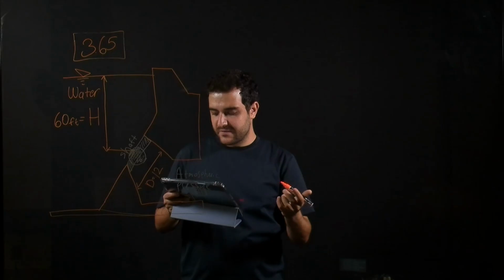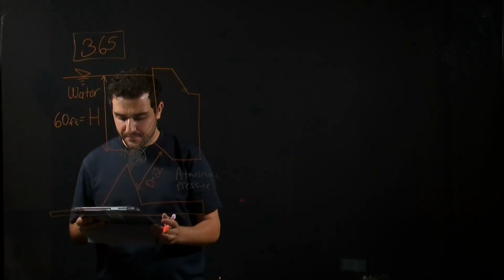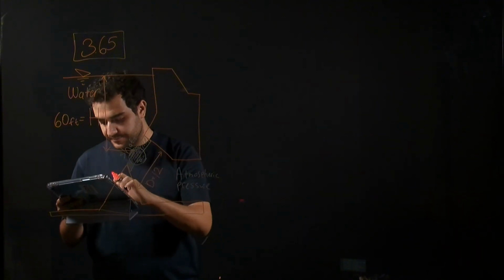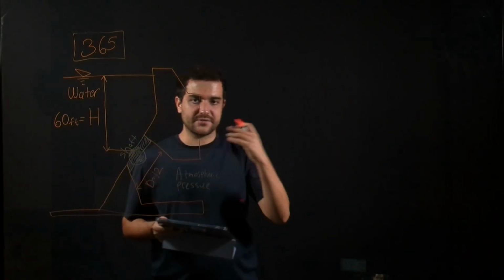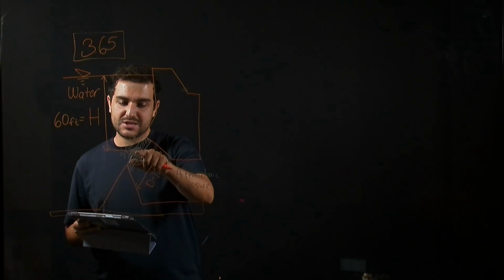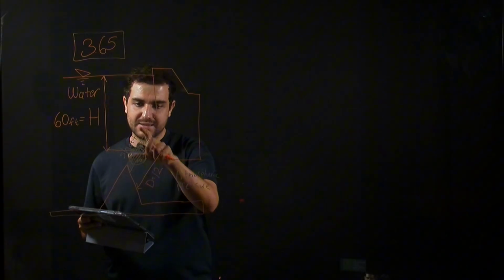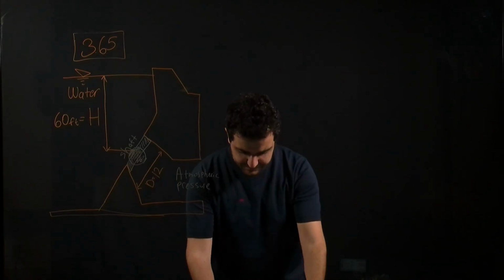Briefly, we need to find the hydrostatic pressure, then the hydrostatic force, and finally the moment at the shaft so that we can hold the valve in that position. So let's get started.